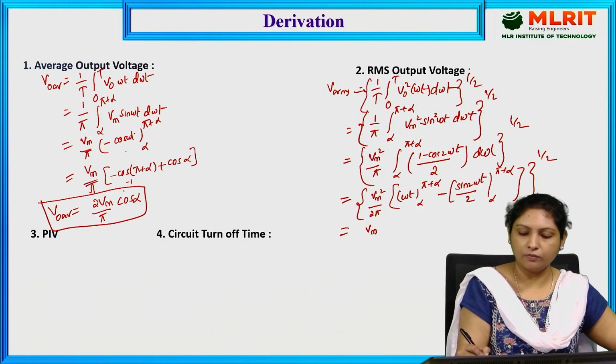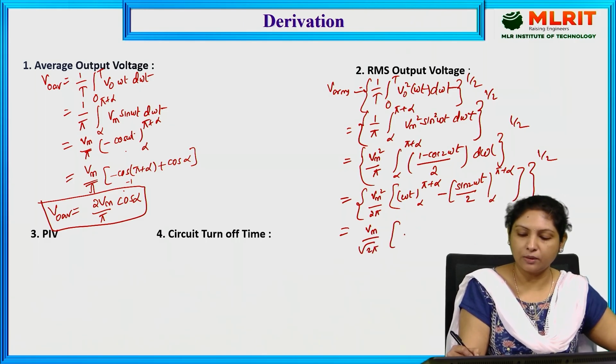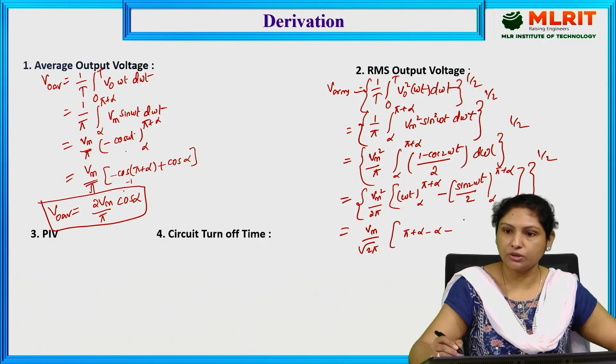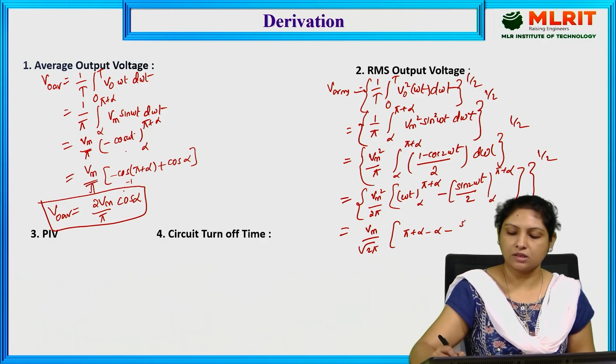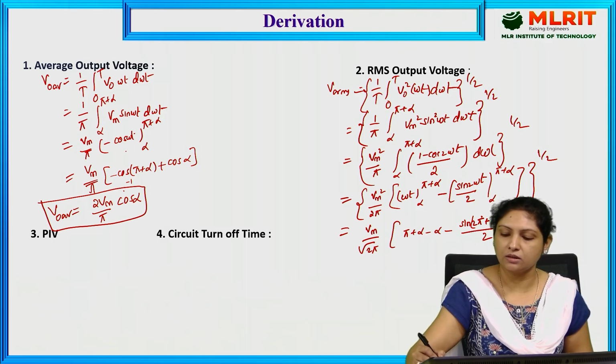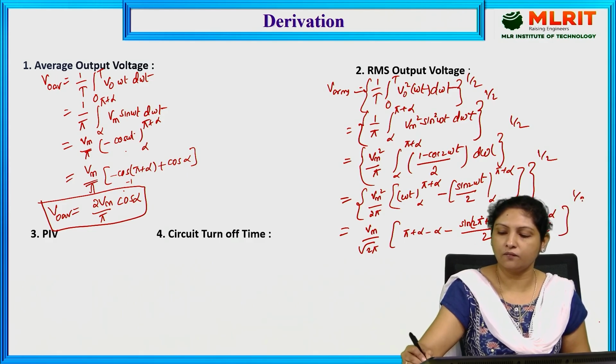We get Vm by root 2 pi, and applying the limits, upper limit minus lower limit, pi plus alpha minus alpha, and substituting the limits, sin of 2 pi plus 2 alpha by 2, minus of minus plus, we get sin 2 alpha by 2, whole to the power of 1 by 2.